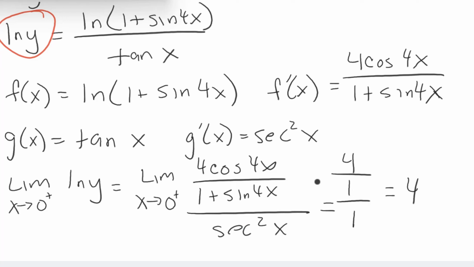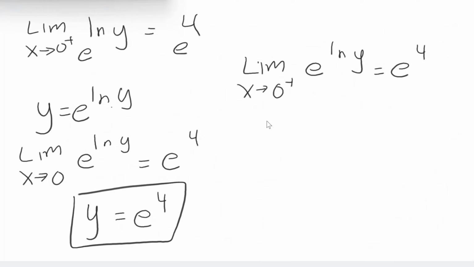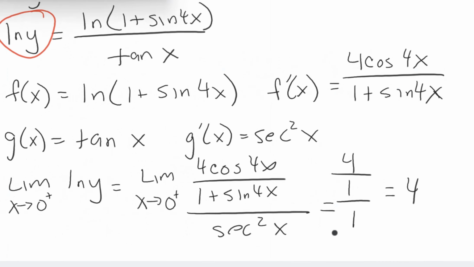So did you just plug in 0 to the top and bottom to get the fractions of 4 over 1 over 1? Yep. You plug in 0 here. Cosine of 0 is 1, so that's 4 times 1 is 4. Sine of 0 is 0, so 1 plus 0 is 1. Secant of 0 is 1.